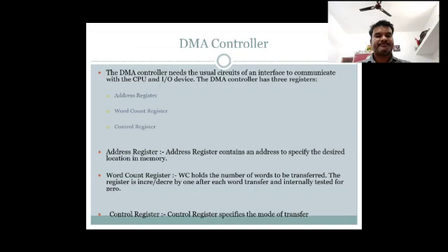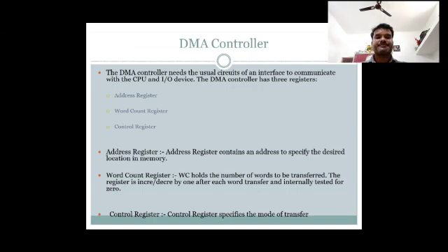The address register contains an address to specify the desired location in memory. Second, the word count register holds the number of words to be transferred. The register is incremented or decremented by 1 after each word transfer and internally tested for 0.